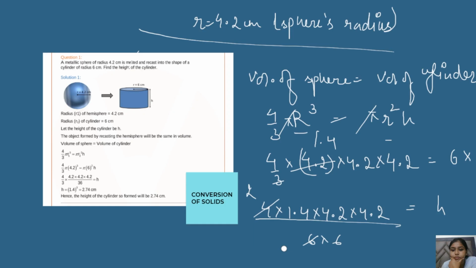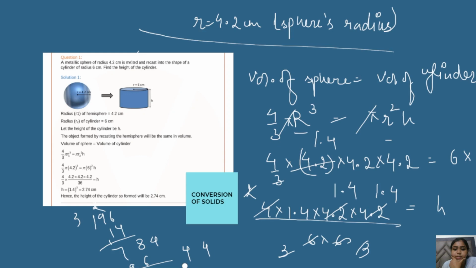So it will be 1.4 whole cube. We know 14 squared is 196. So 196 multiplied by 14 is basically, you will be getting something like this. Okay, so basically it is 2.74 centimeter, which will be the height of the given solid, right?